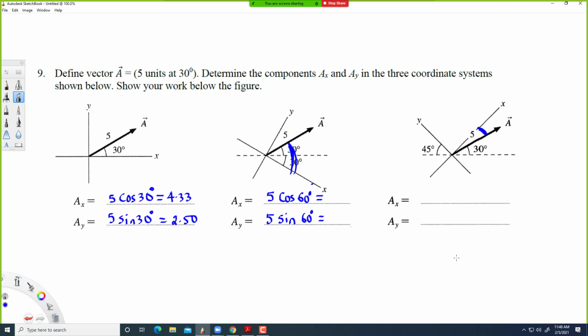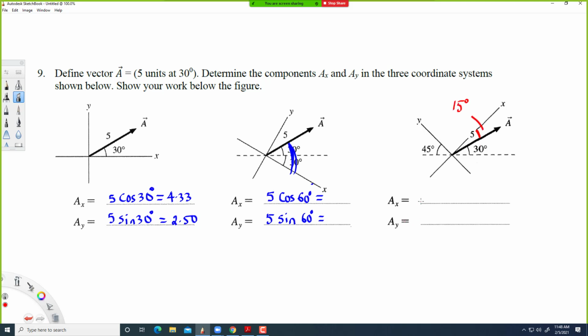Tell me what that angle would be. 15, that's right. So you can show that this whole thing is 45 degrees, and then this would be 45 minus 30 degrees, which is 15 degrees.